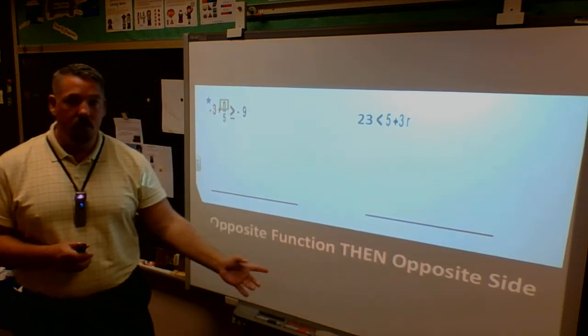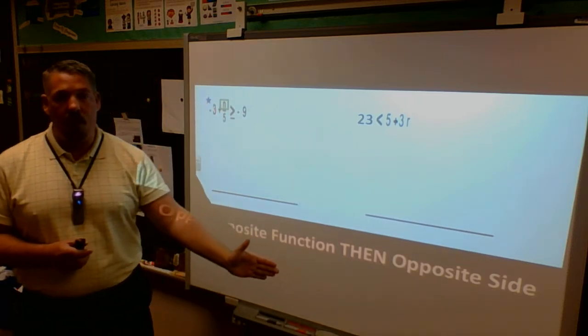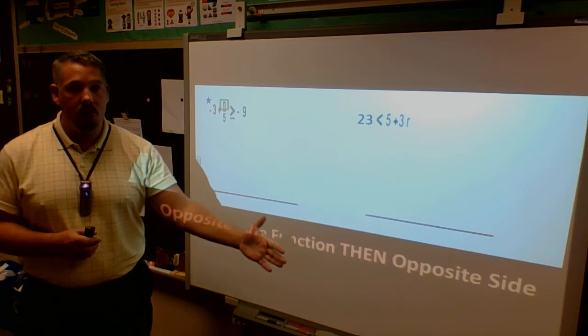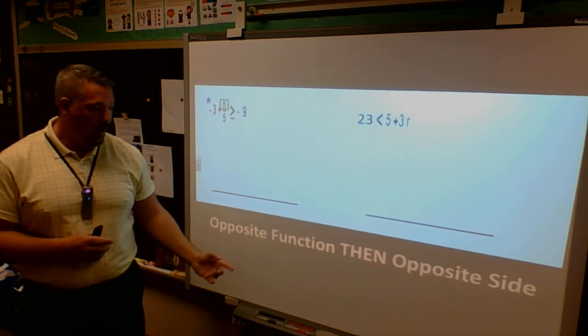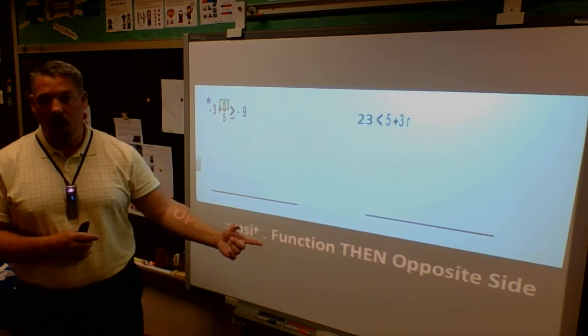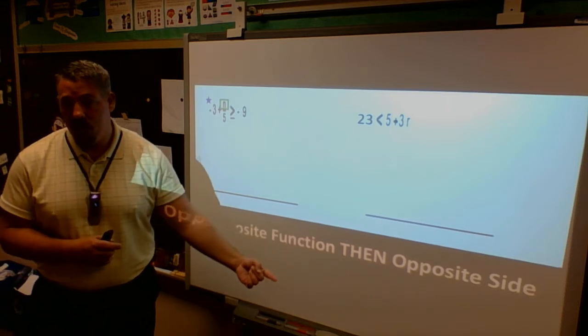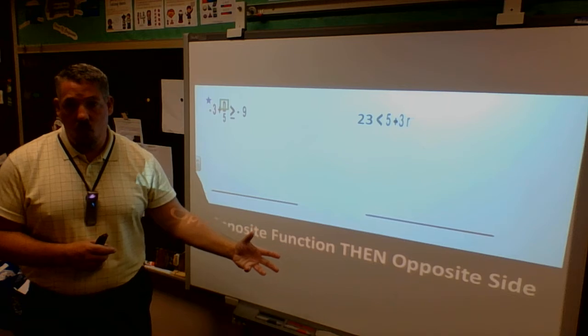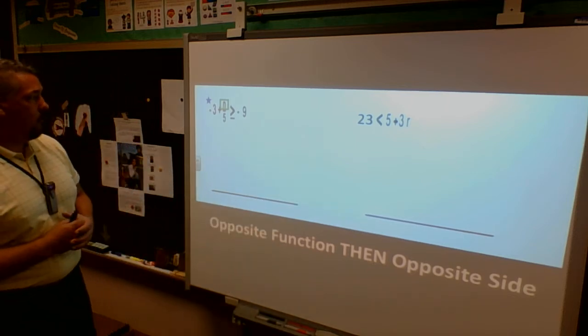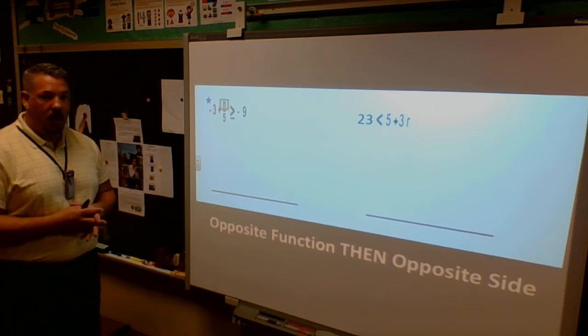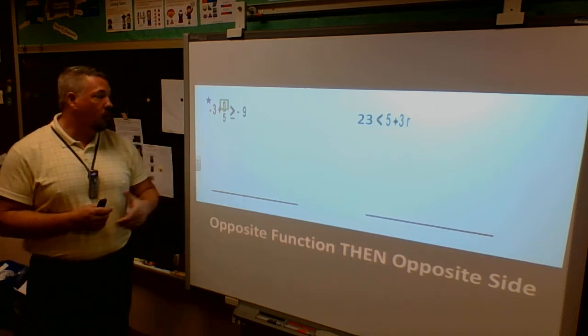Remember these steps. These steps will be in your math for the next 3 years of school, possibly 4 or 5, depending on what classes you take. And we did this in chemistry when I was in high school. I did this in college. So this really does work, and it will be able to be applied in multiple situations. If I do the opposite function on the opposite side, I can do these inequalities.